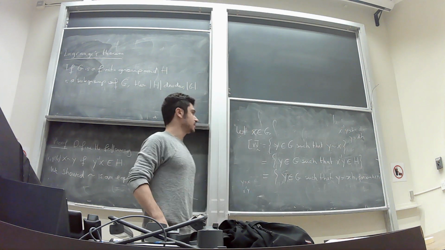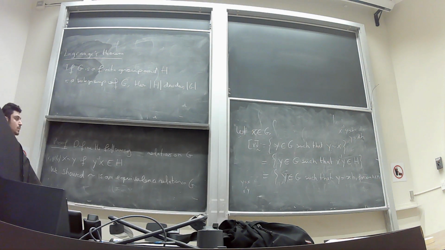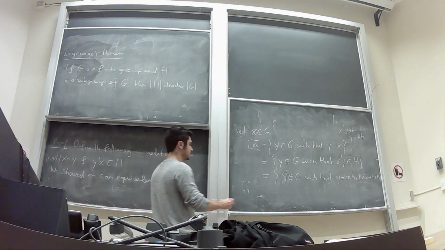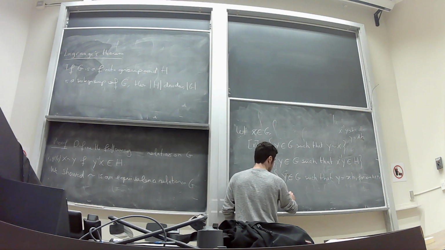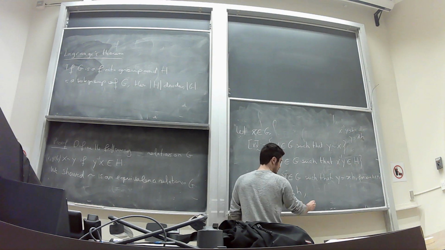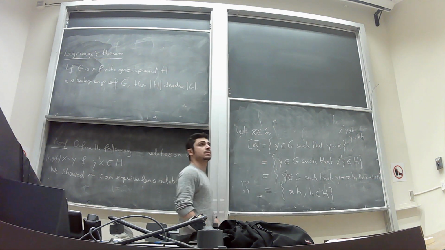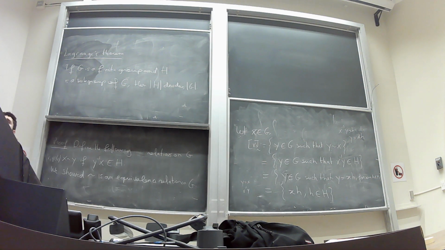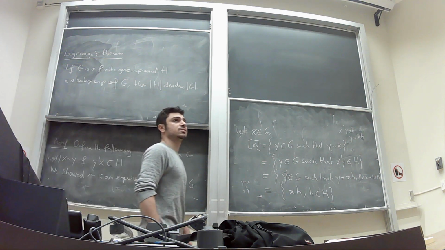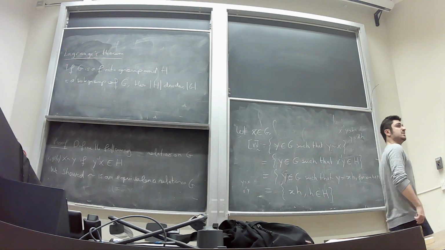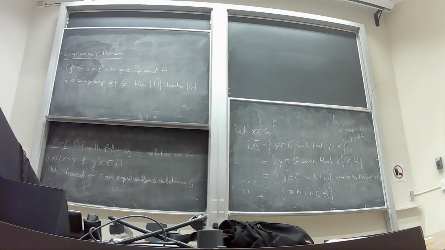Multiply X on the left, and that's what we get. So what this set really is just the set XH as H is in H. Everyone, do you agree with this? Any questions on that? Is it clear?